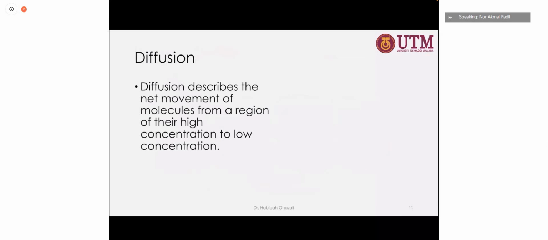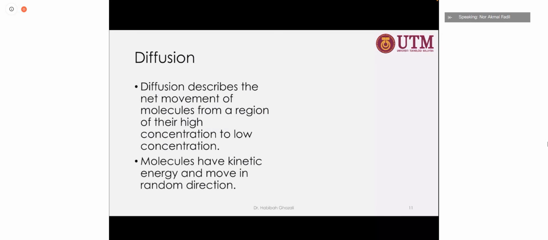So that means it will move from the region containing high concentration to the low concentration. Molecules have kinetic energy and move in random directions, because there are a lot of empty spaces between the atoms.